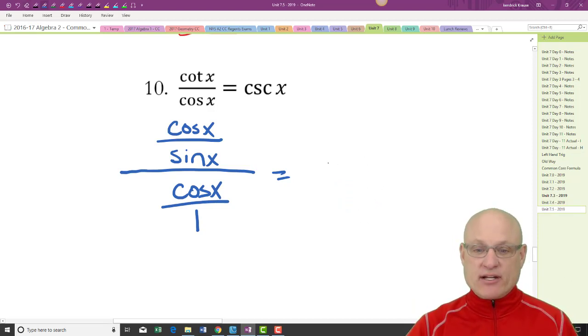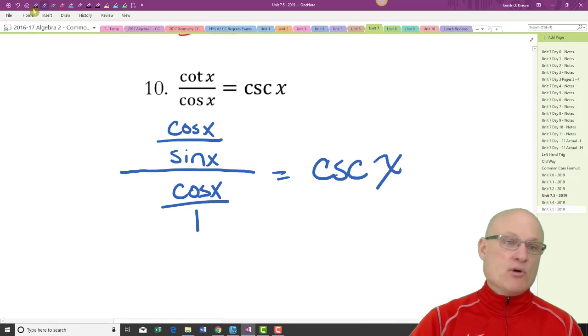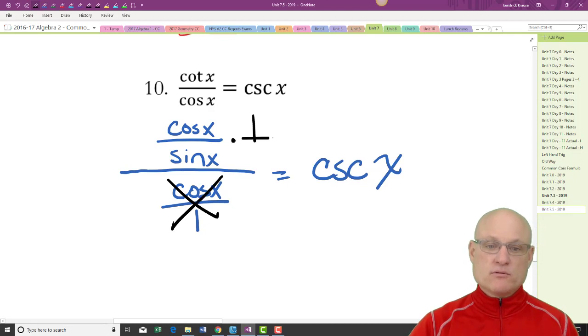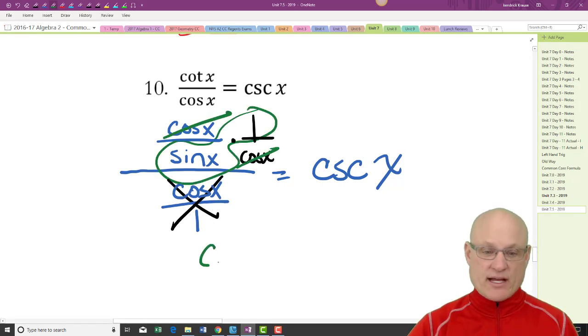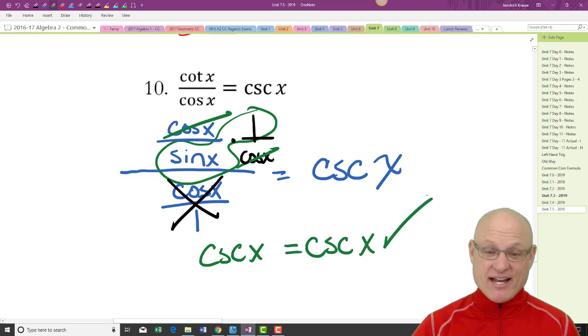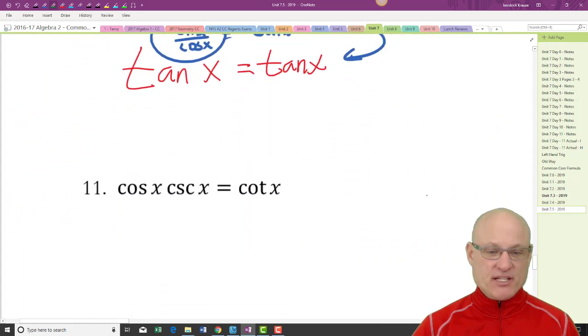So you have to leave it as cosecant x. So multiply by the reciprocal. These cancel. And I'm left with 1 over sine x, but I know that's cosecant x, and therefore it equals cosecant x. Ka-ching! God, these are simple. They do get a little harder.